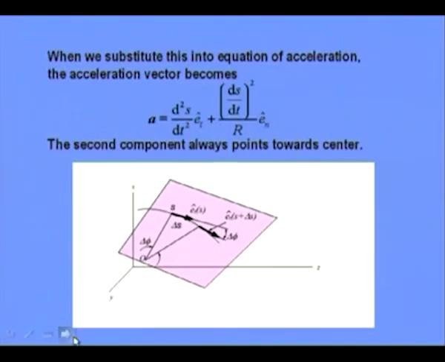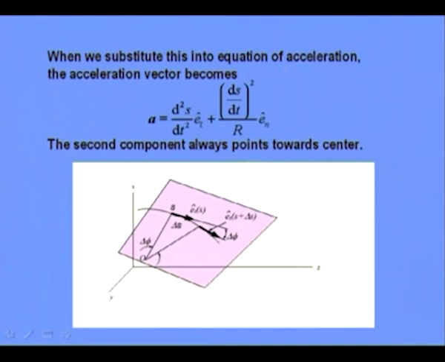When we substitute this into the equation of acceleration, the acceleration vector becomes a = (d²s/dt²) et + ((ds/dt)²/R) en. The second component always points towards the center.